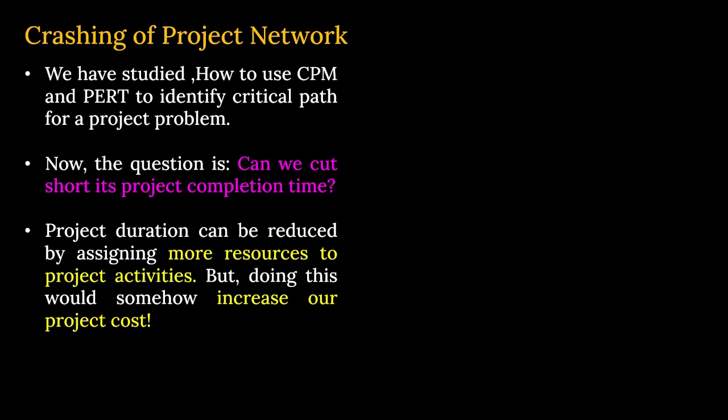But doing this would increase our project cost, obviously. That is very natural. If you incorporate more manpower, more resources, more material, your project cost is going to be high. Then what is the purpose of it? What is the benefit out of it? That we are going to discuss now.